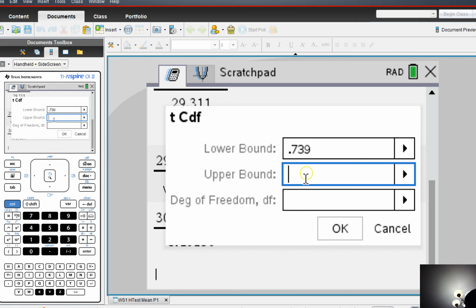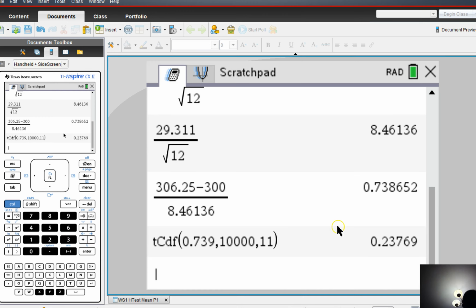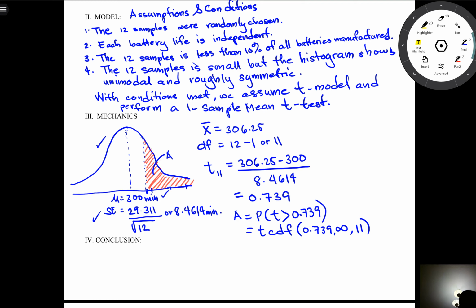Our upper bound is positive infinity, so let's just write a big number right here, and our degree of freedom is 11. Hit OK. So our area is 0.238. That's a very big area right there.